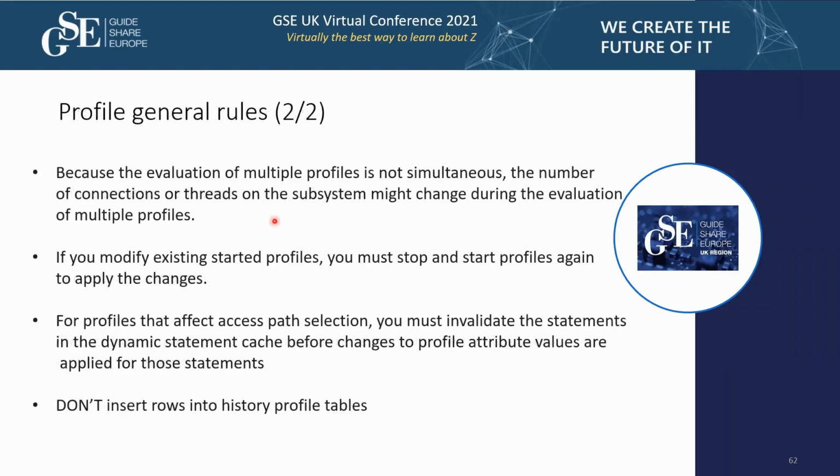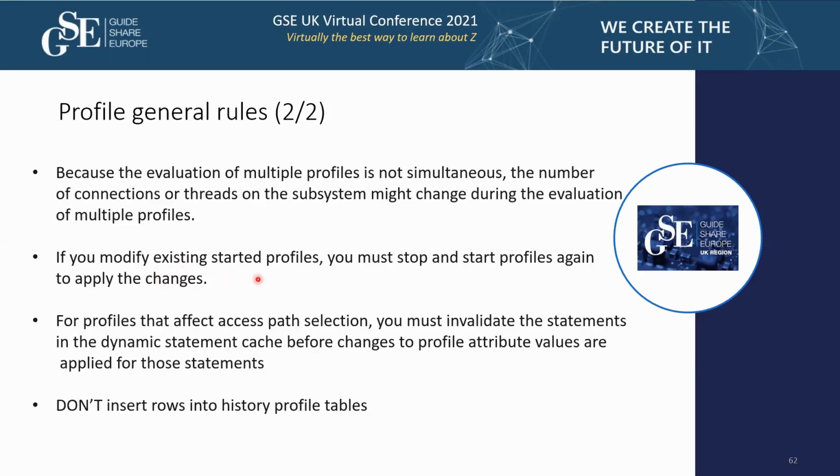Because the evaluation of multiple profiles is not simultaneous. Imagine if you have a table with 100 profiles, the number of connections or threads on the subsystem might change during the evaluation of multiple profiles. But as usual, don't exaggerate in the definition of profiles. As usual, use the common sense of a system programmer.